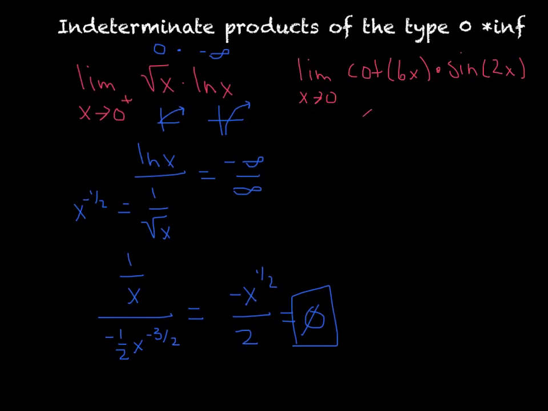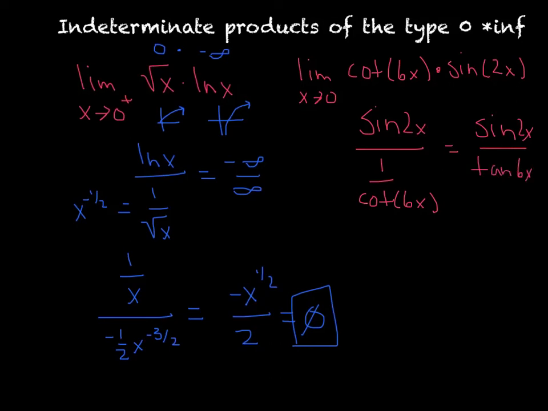We're going to leave the sine of 2x on the top, and then we're going to divide by 1 over cotangent of 6x. All right, now 1 over the cotangent is simply tangent. So this is going to be sine of 2x over tangent of 6x.